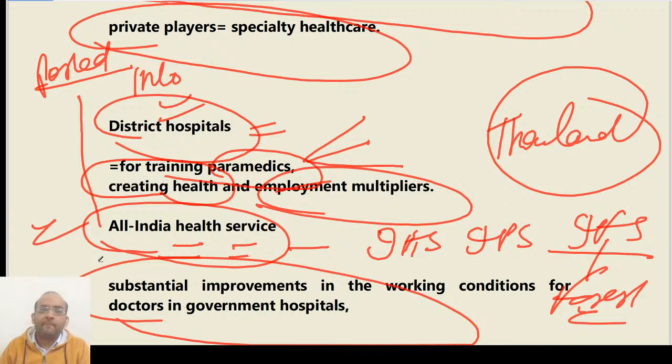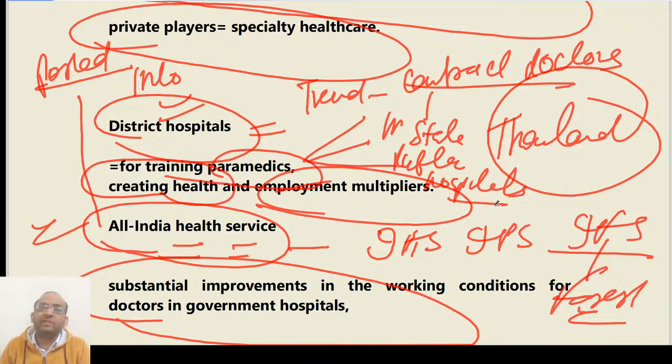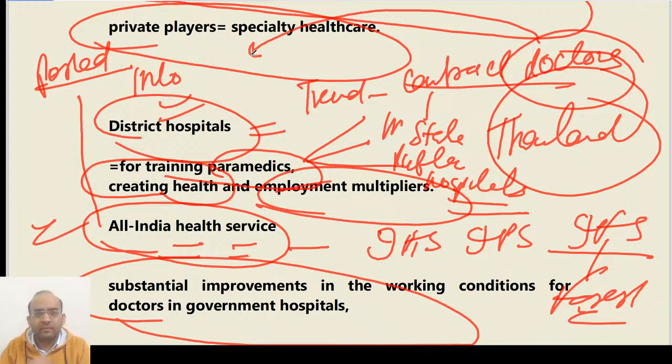For example, nowadays there is a trend of contract doctors in state public hospitals. See, in order to reduce the salary burden, pension burden, allowances burden, these doctors are hired on a contract basis, where a fixed amount of money is paid to them, like 80,000 rupees per month, 1 lakh rupees per month, etc. And these doctors then do not do their work with dedication.